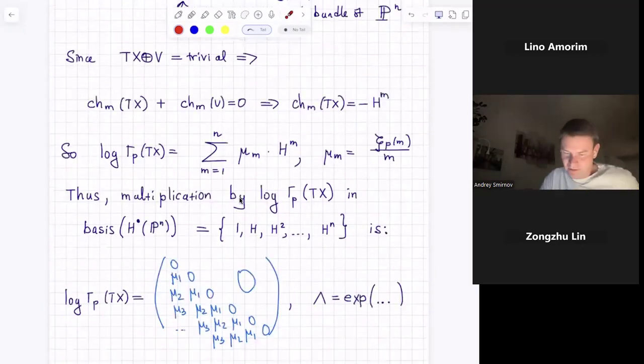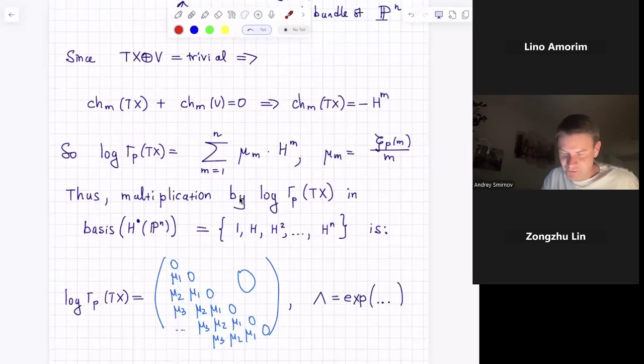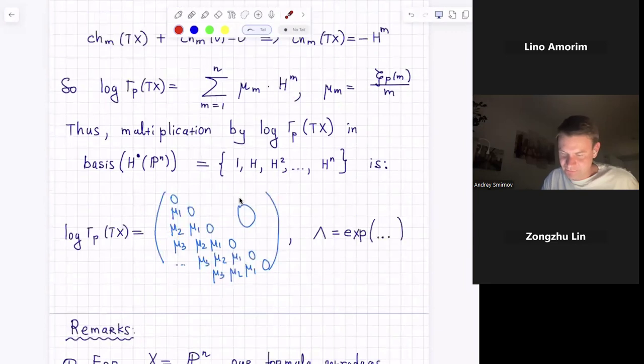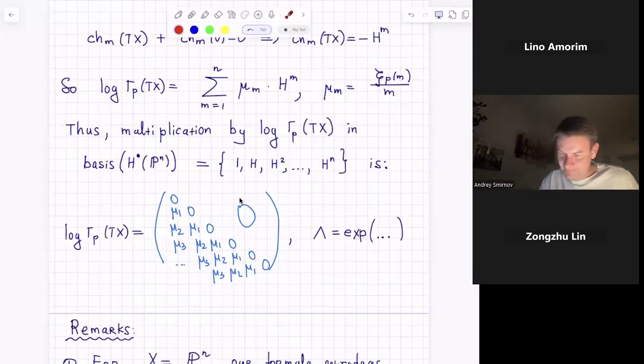If you ask how multiplication by this cohomology class looks, you choose some basis in cohomology. For example, you can choose a basis consisting of powers of the hyperplane class. Then multiplication by this sum in this basis looks like a triangular, nilpotent matrix. On the diagonal I have zeros, and below the diagonal I have entries given by mu1, mu2, mu3, and so on, where mu is just the value of the zeta function.